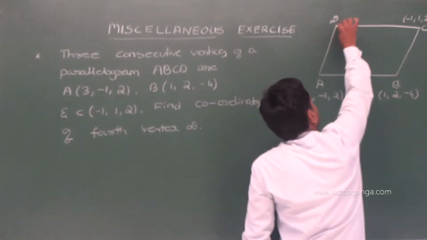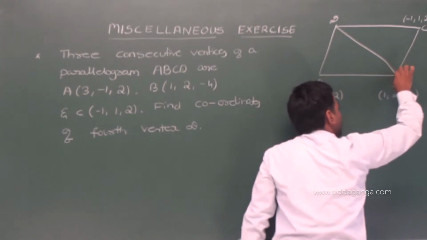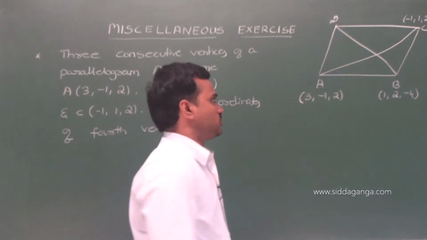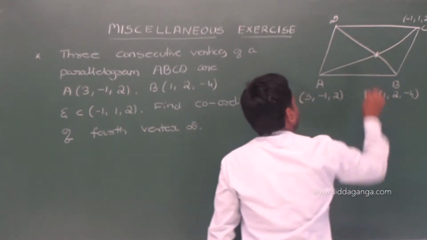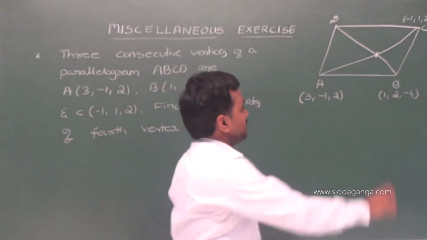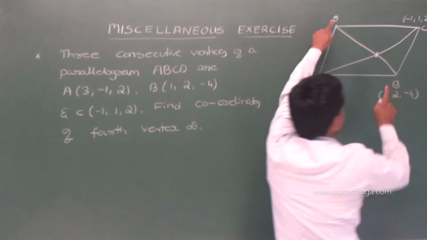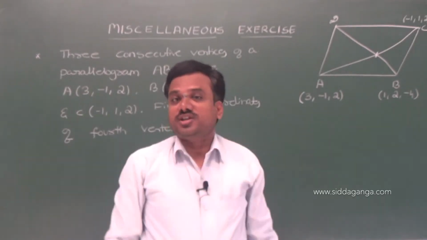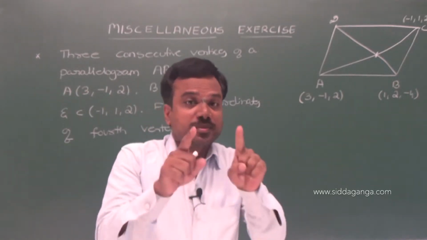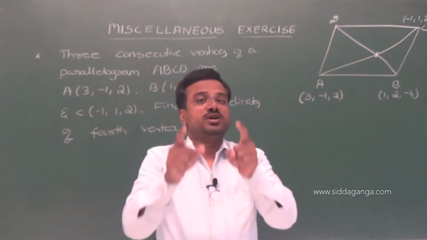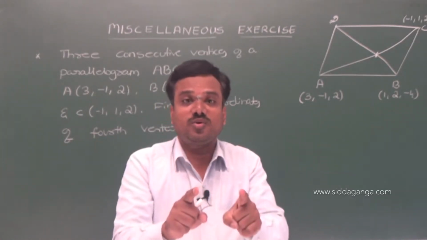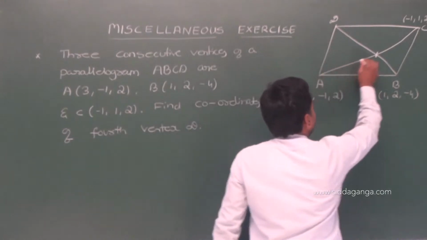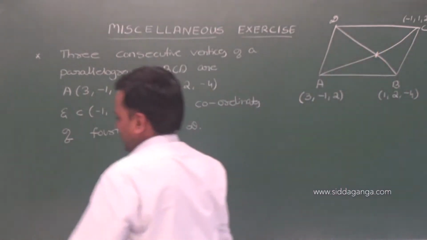So we draw the diagonals. No doubt, this point exactly lies at the midpoint of AC as well as the midpoint of BD. The diagonals bisect each other. You know the property of a parallelogram: in a parallelogram, the diagonals bisect each other. That means the midpoint of AC is equal to the midpoint of BD.